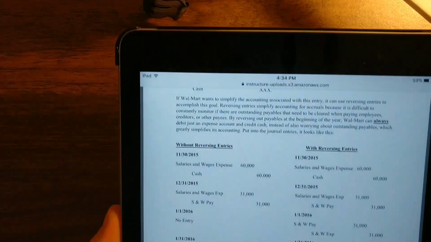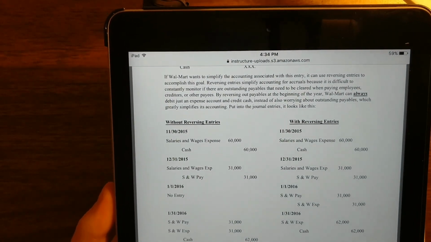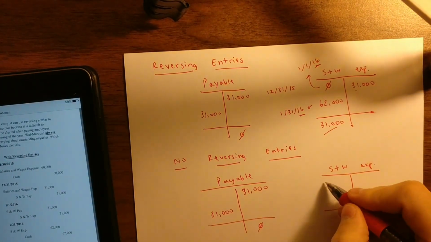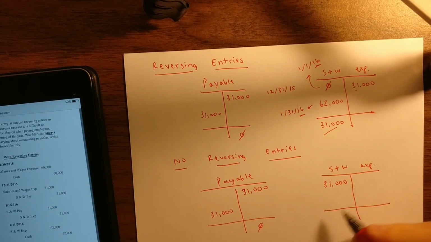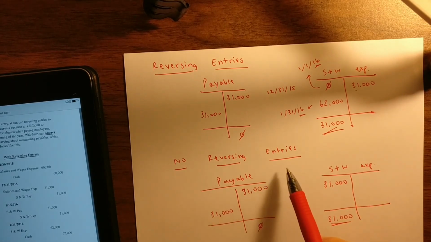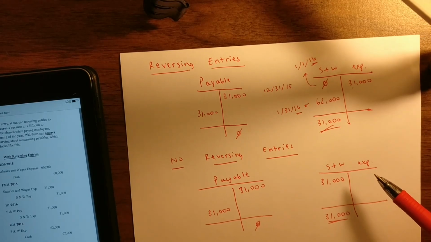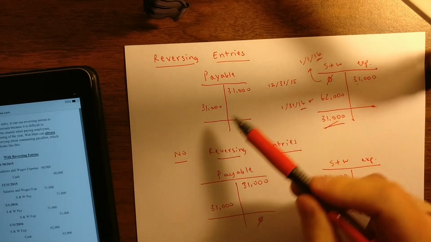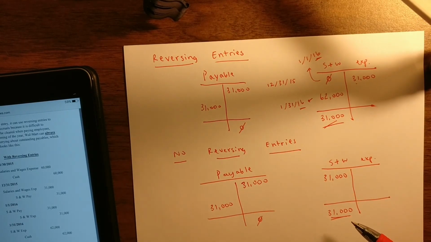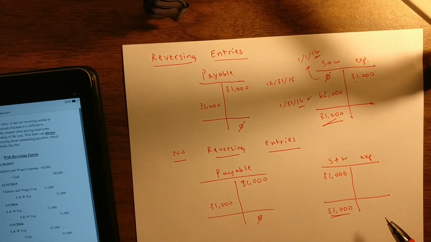And then we can say we debited the additional expense that we incurred, so that's 31,000, so we can put that in our T account, and we can see that we have 31,000 of expense under the non-reversing entries way, and we have 31,000 of expense under the reversing entries way. So at the end of the day, once we've made all of our different journal entries, we can see that you get the same result.